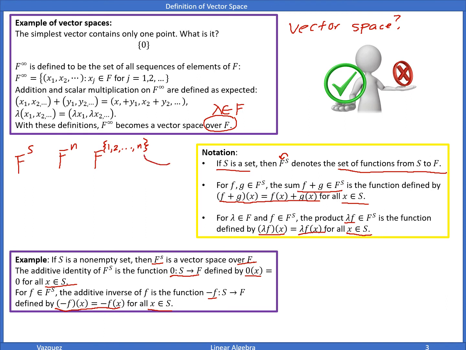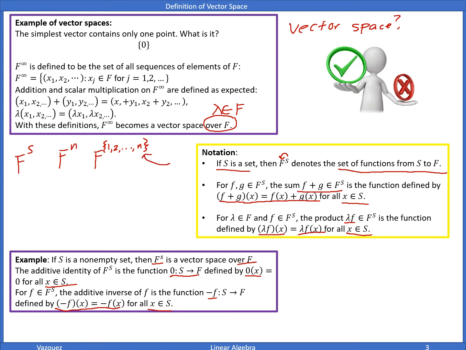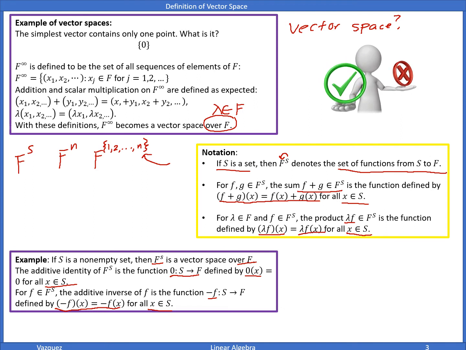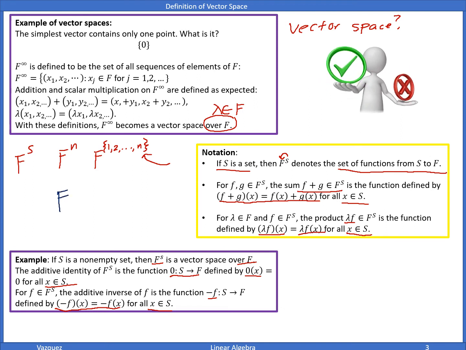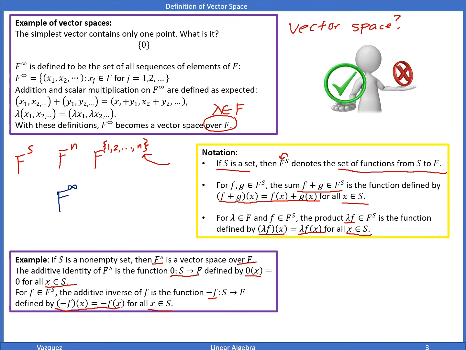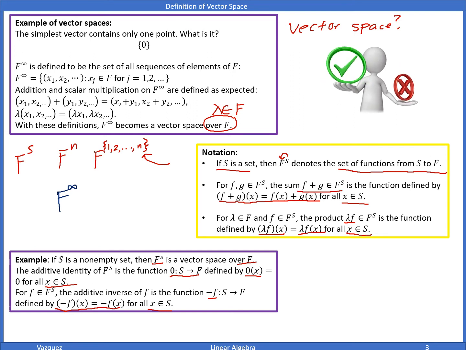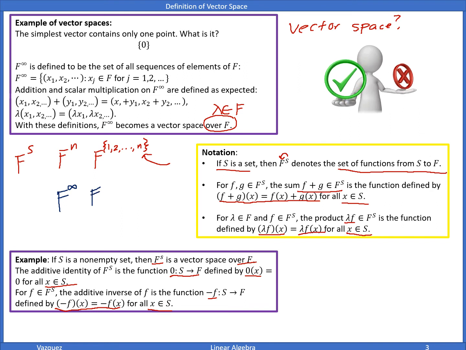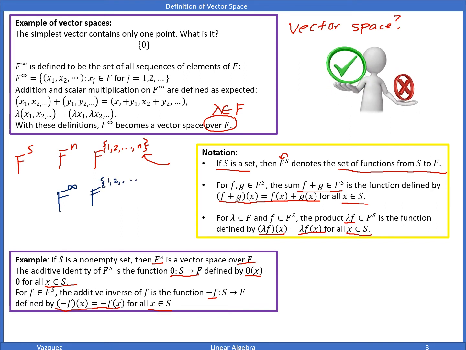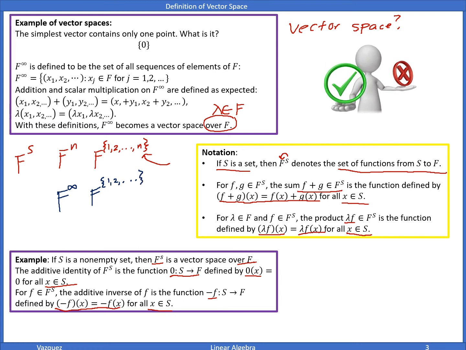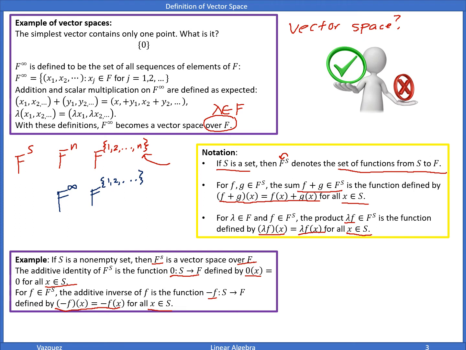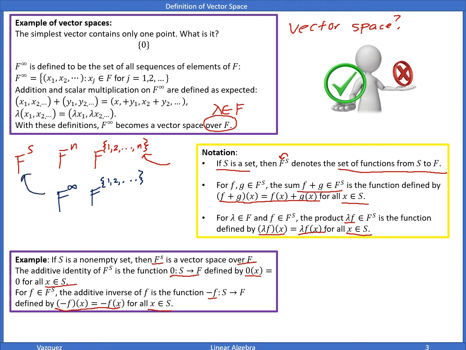For short, we just write n. The other example is F infinity. In this case, infinity is our S, which written out would be 1, 2, and this one just goes on and on. Those are both examples of F^S.